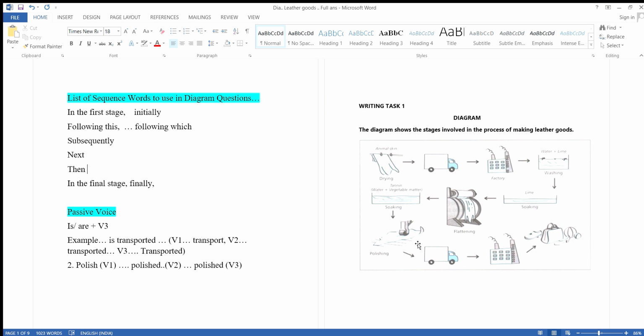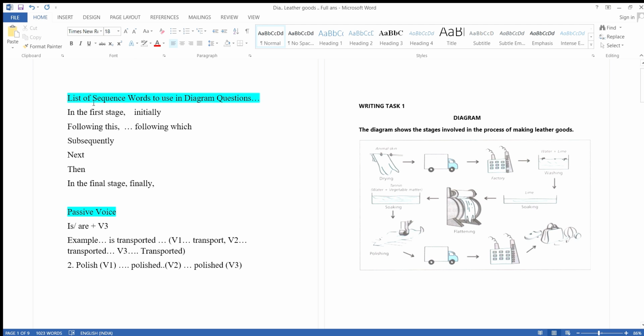So now we come to the second part, which is learning a full sample answer, understanding the sequence words for that, understanding different sentence structures in order to get a good and a safe band. So here we go. First thing required is the list of sequence words.